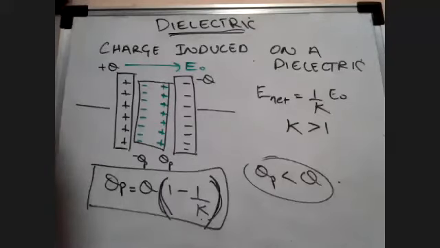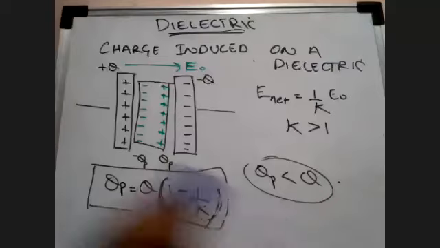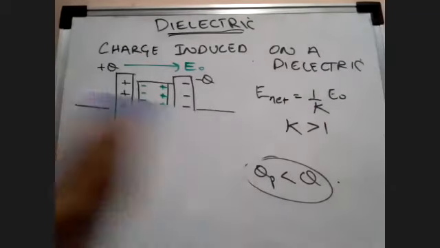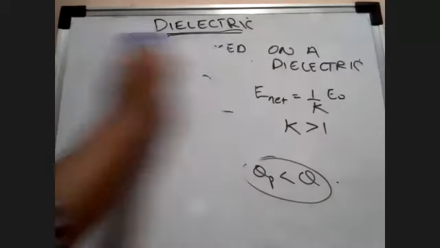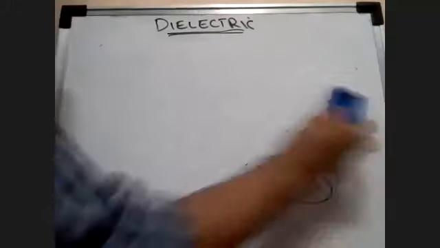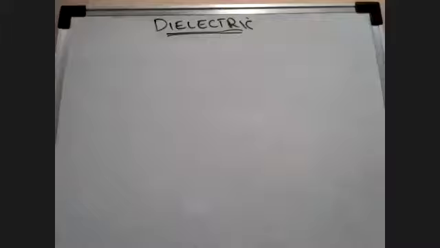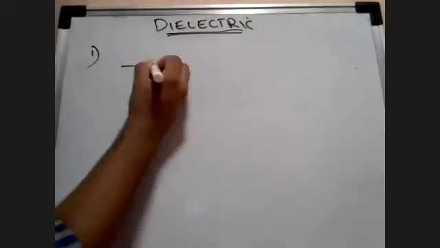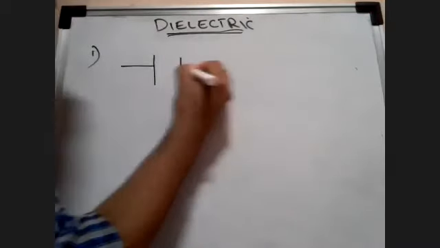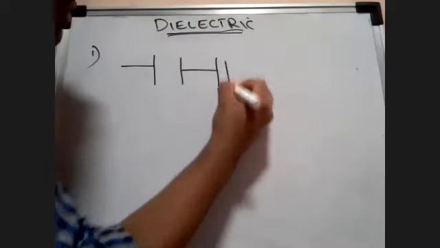Since we have all come to know about this, I am going to start with small sums. The first sum is simply something like this: a capacitor, and one with a dielectric.